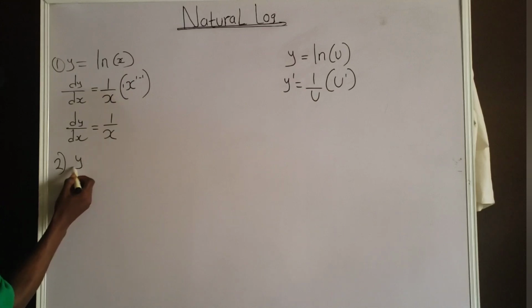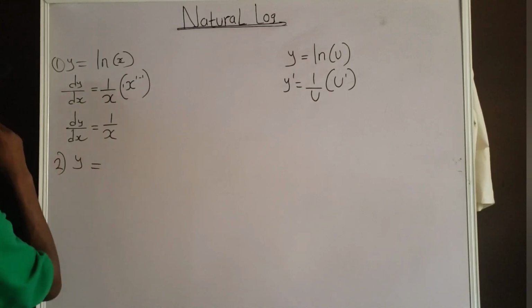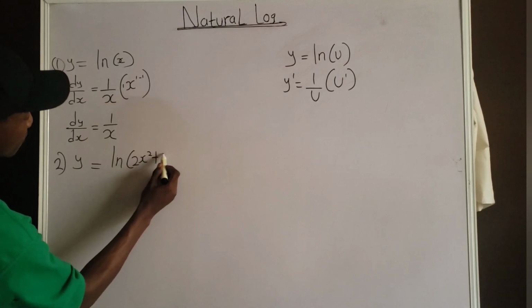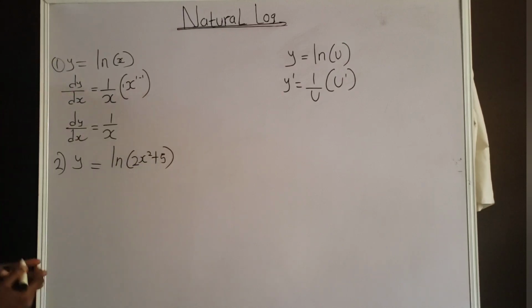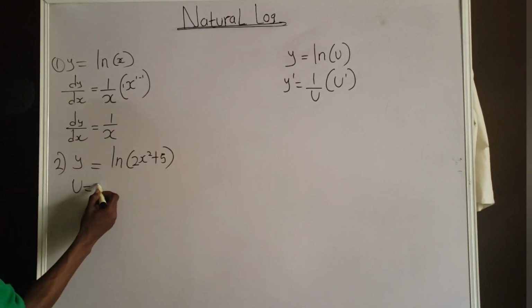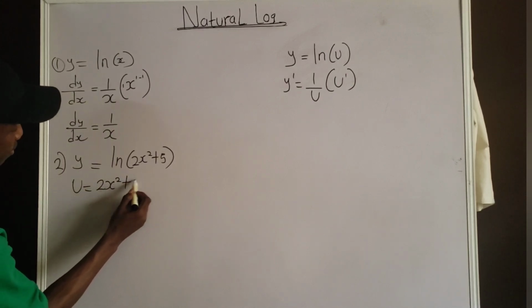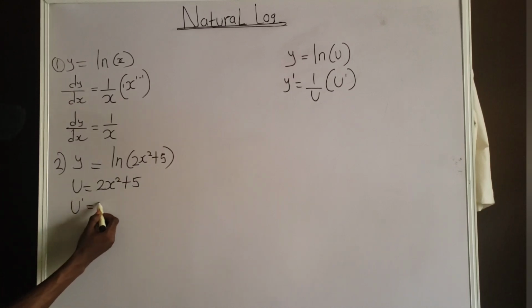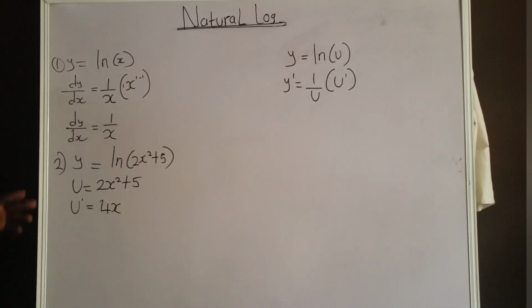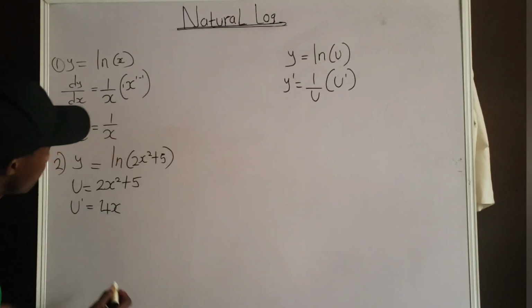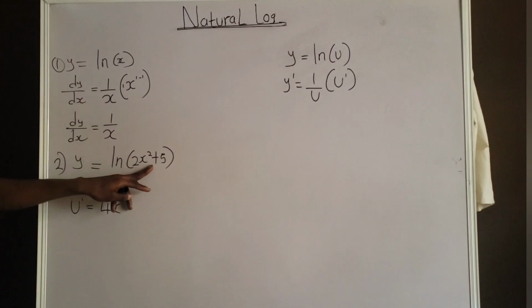Okay, let's move to example 2. We are told to find the derivative of y equals ln(2x squared plus 5). Don't forget the approach. u equals what? u equals 2x squared plus 5. The derivative of u, which is u prime, is equal to 4x. According to the logarithmic differentiation rule, we just take the inverse of the parameter that is here.